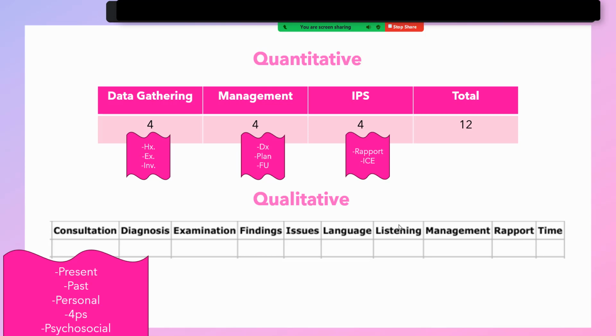Let's take an example of verbal clues. Let's say that the patient keeps telling you, doctor, I am worried about my work during the station. And you don't even highlight that you have picked up this. So you will have a tick in listening.